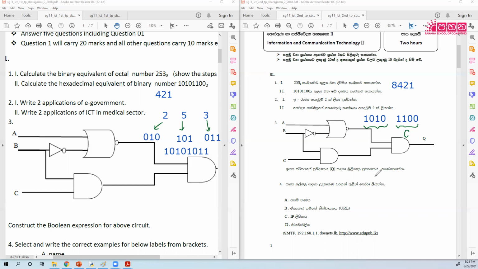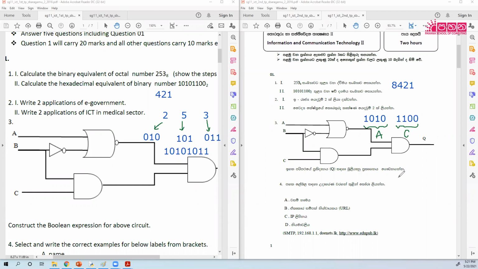Right. The next one, we have 1, 0, 1, 0, which means 8 plus 2. 8 plus 2 is 10. 10 means A. So the answer for the first question, part 2, is AC.